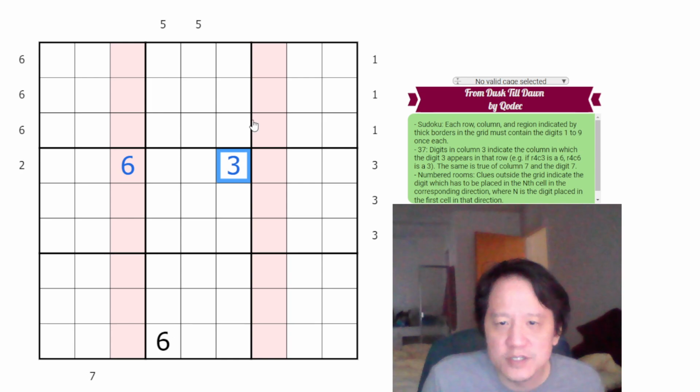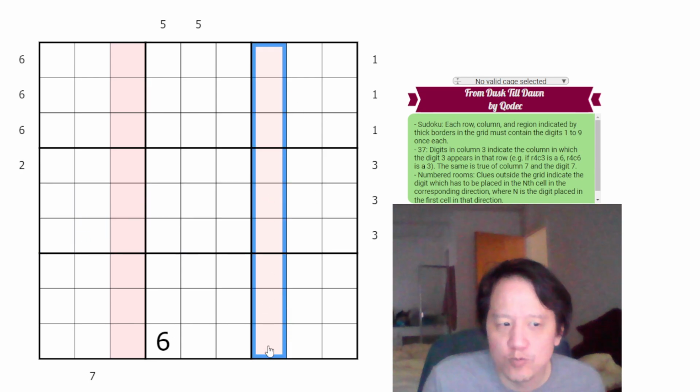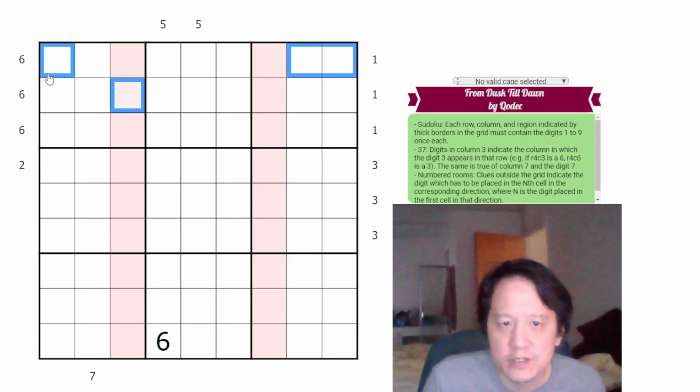The same is true of column 7 and the digit 7. So this basically just says which column the number 3 is in, right? And this says which column the 7 is in that row.